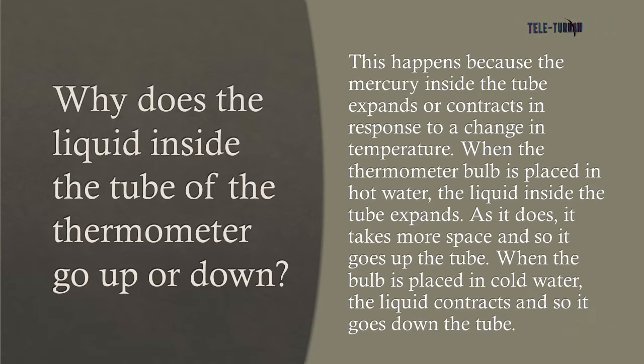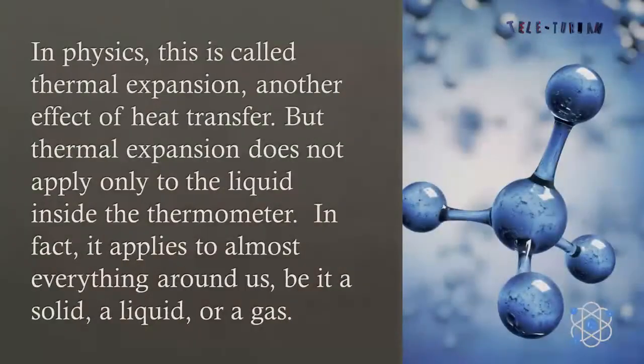When the thermometer bulb is placed in hot water, the liquid inside the tube expands. As it does, it takes more space and so it goes up the tube. When the bulb is placed in cold water, the liquid contracts and so it goes down the tube. In physics, this is called thermal expansion, another effect of heat transfer.